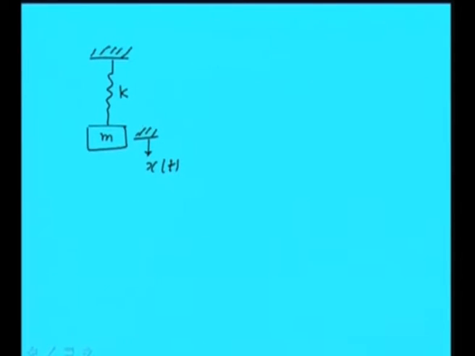In this particular case, we know that the displacement is given as amplitude times a harmonic function. So, velocity can be obtained by differentiating this quantity, which is given as this.